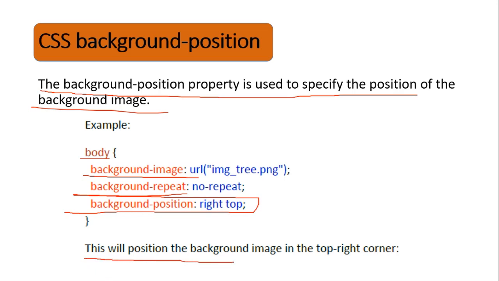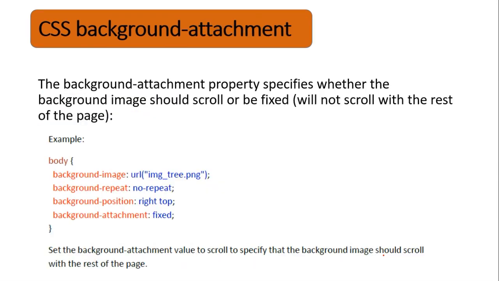After positioning your background, we have CSS background attachment. The background attachment property specifies whether the background image should scroll or be fixed. If we set the value to scroll, whenever you scroll down your web page, the background will also scroll.